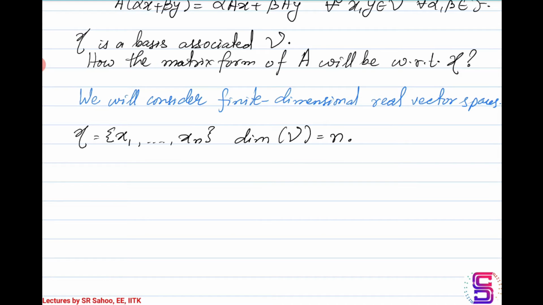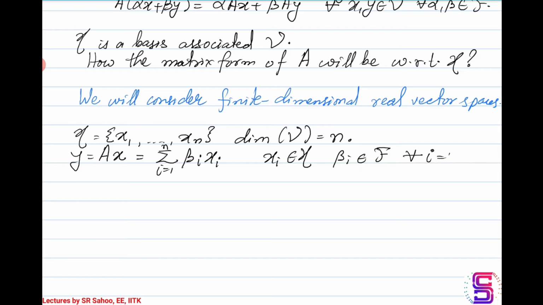Now, if A acts on a vector from the vector space, it comes to lie in the same vector space V. So this vector can also be represented as a linear combination of the basis vectors x1 till xn, where the xi's belong to the basis and the beta i's are from the field for all i.